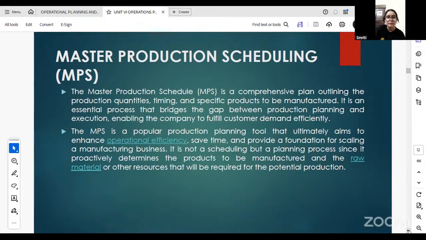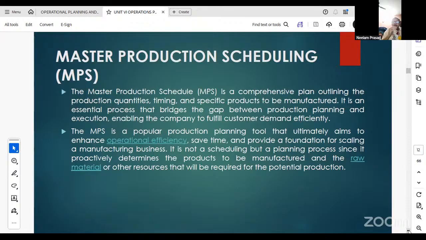The MPS is a popular production planning tool that ultimately aims to enhance operational efficiency, save time, and provide a foundation for scaling a manufacturing activity. It is not a scheduling but a planning process, since it proactively determines the products to be manufactured and the raw material or other resources that will be required for the potential production.